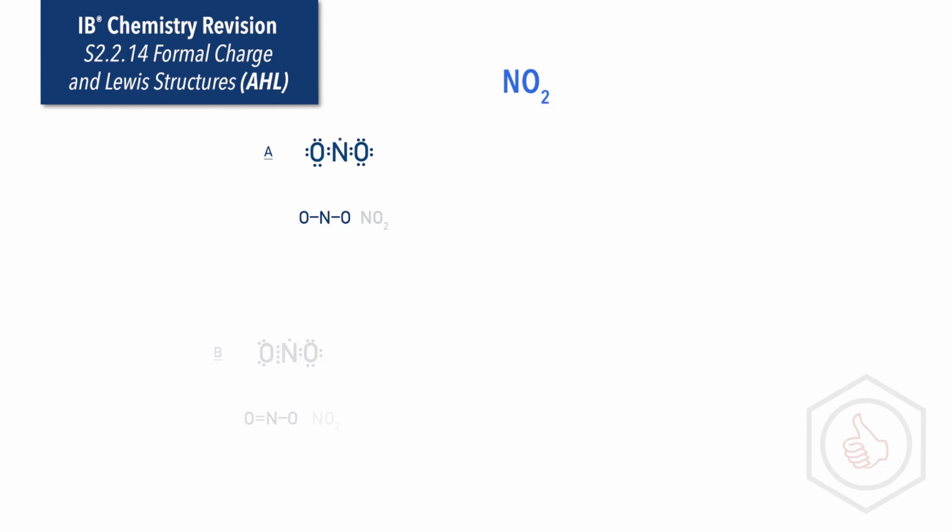In the first structure, the nitrogen formal charge will be 5 minus 1 minus 4 divided by 2. The valence number of electrons for the nitrogen is 5, because it is in group 5, and it has one non-bonding electron. And there are 4 bonding electrons around it, meaning 5 minus 1 minus 4 divided by 2, giving a formal charge of positive 2.